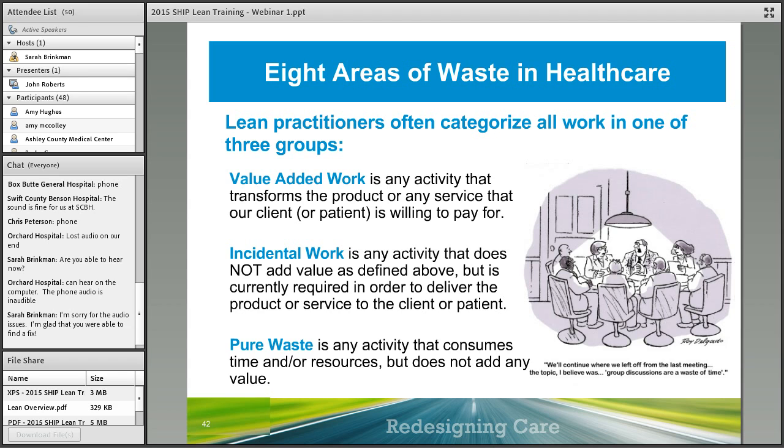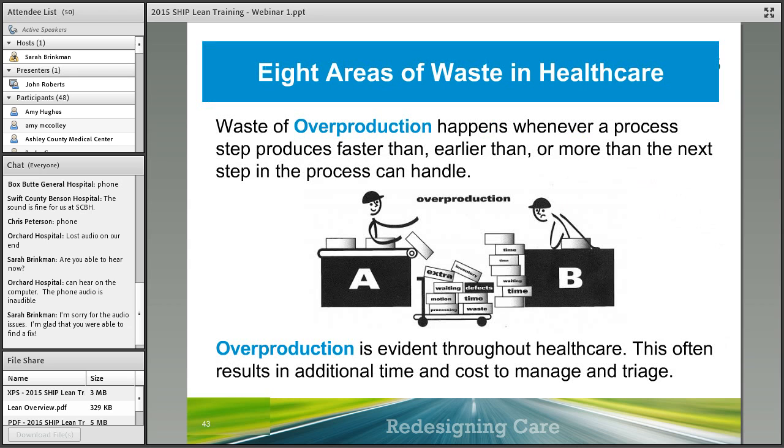Those would be things that you're required to do either through Medicare conditions of participation or state survey or other types of things that may not add value to the patient per se, but you have to do those things to be in compliance with federal rules and regulations or state rules and regulations. And then we have non-value-added activities, which are just pure waste that don't add any value to what we're doing for our customers and our patients.